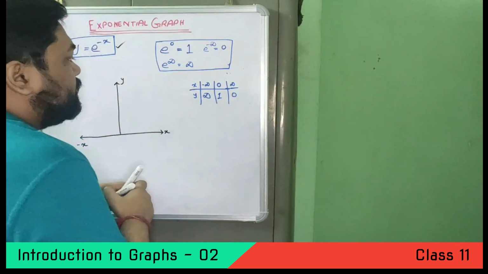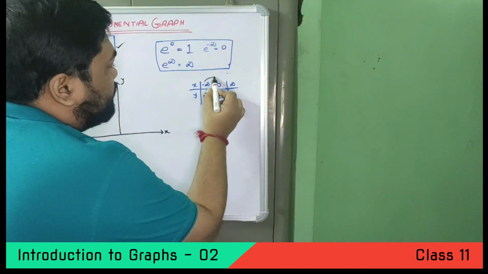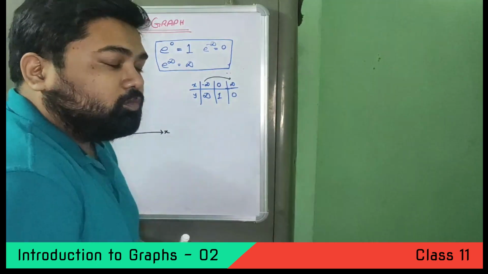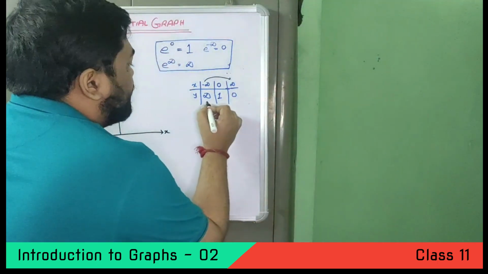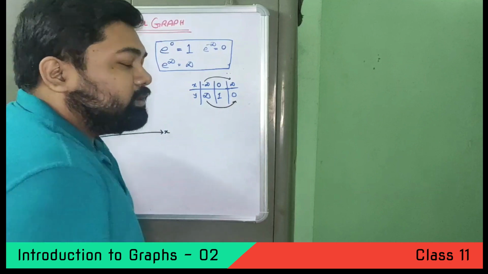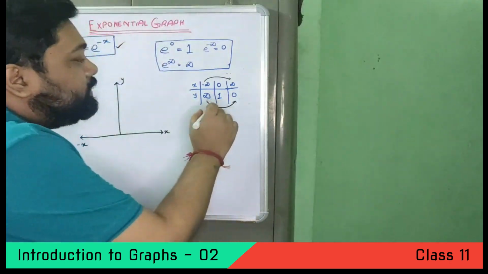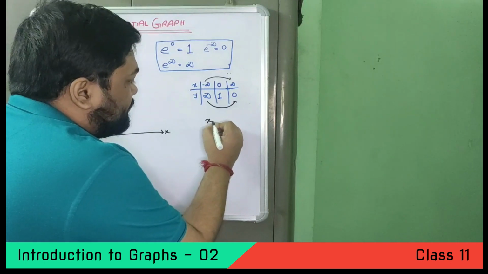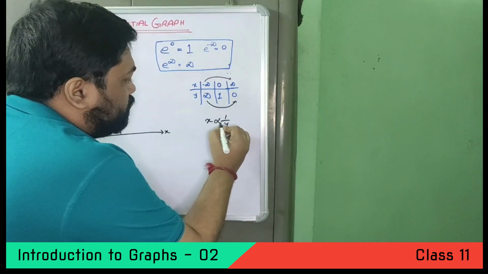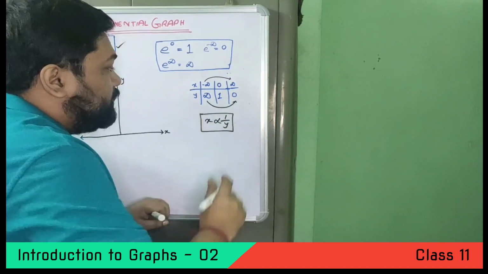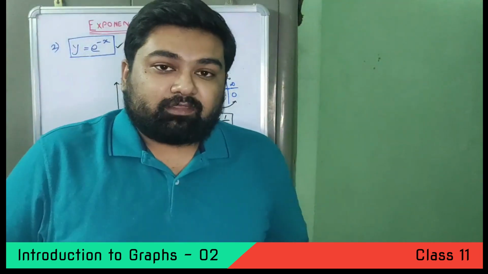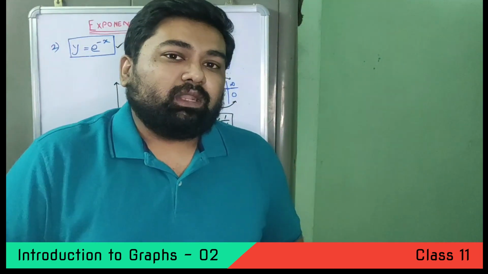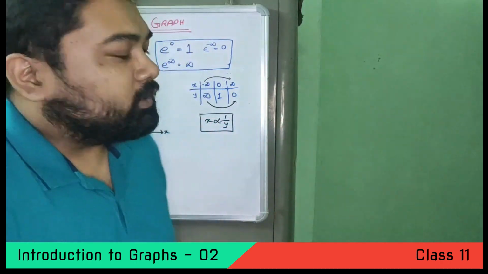Now see, with the increase in the value of x from minus infinity to plus infinity, the value of y is gradually decreasing from infinite to 1 to 0. That means x here is inversely proportional to y. That means once the value of x increases, the value of y will go on decreasing gradually.